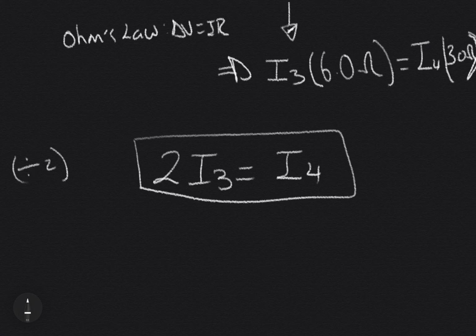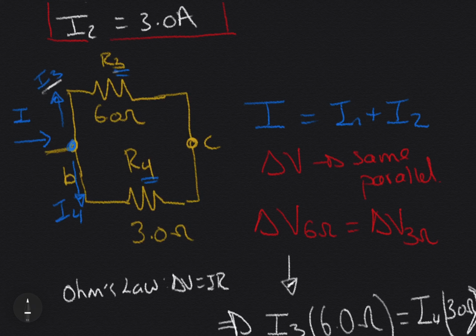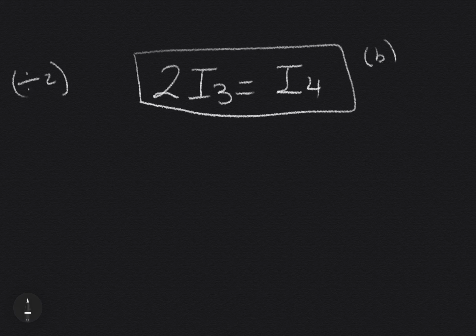So I'm going to sub this equation, I'm going to call this equation B, into my initial equation. We call it equation A. So we have the following. So remember that the total was going between I3 plus I4. Okay.